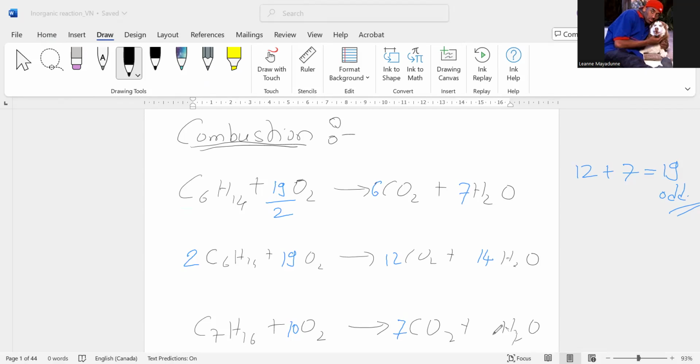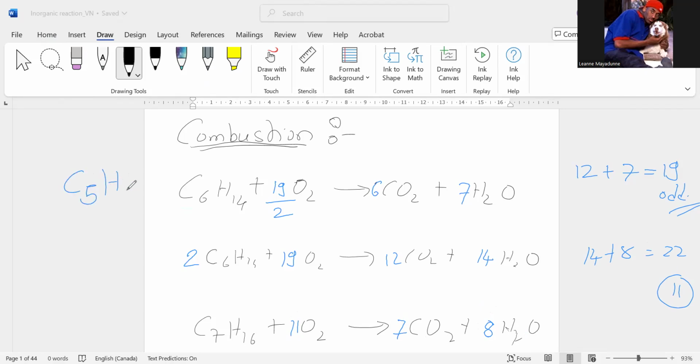But I think that'll also be wrong. H2O was correct, but this number will change then. 7 CO2 plus 8 H2O. So now I have 14 plus 8, that is 22, an even number. So I'll get 11 O2. Okay. So try two more.